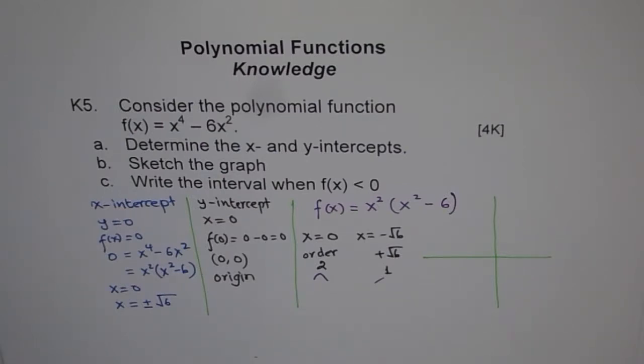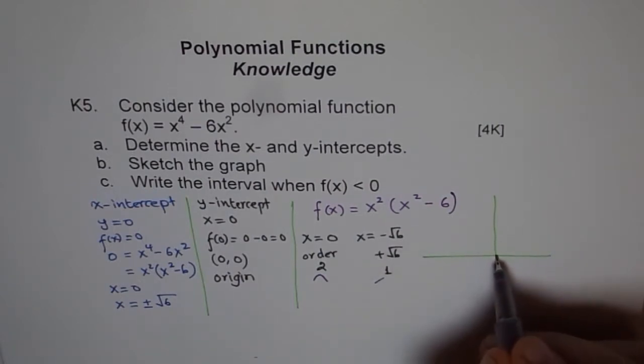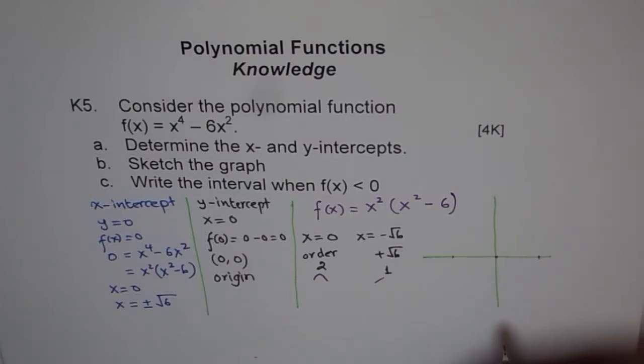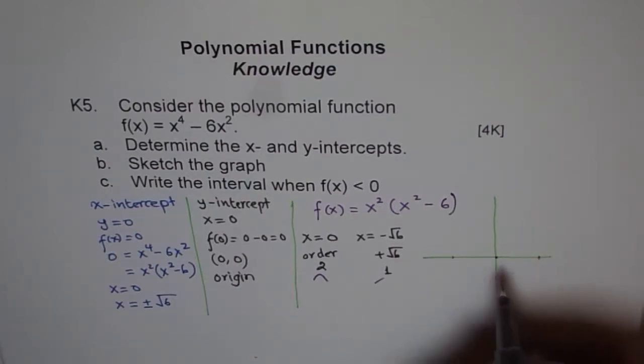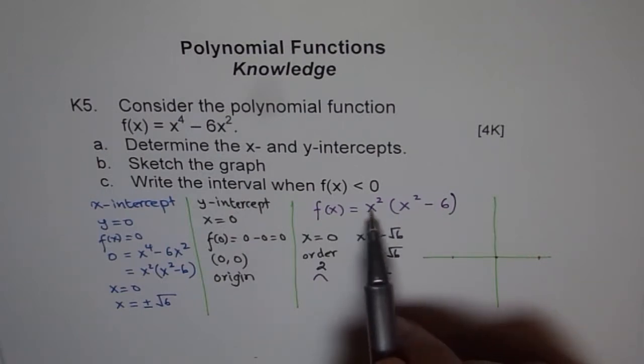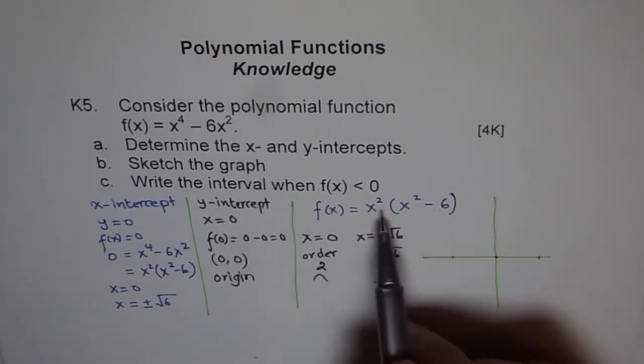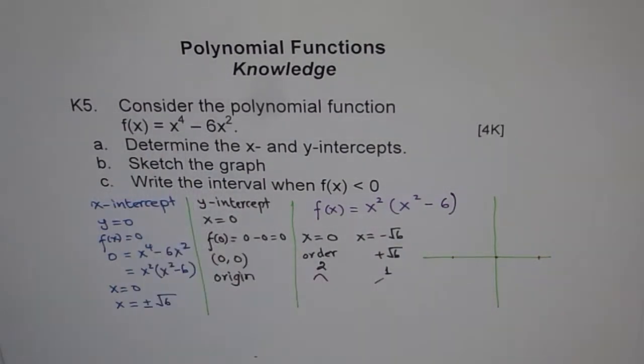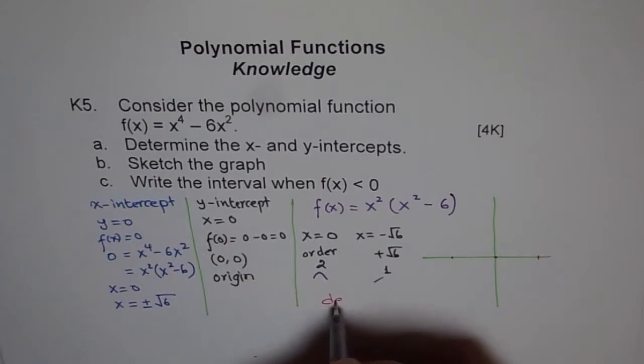Now let's try to sketch it. To sketch, let's plot our zeros. We have a zero here at 0. Let's say this is minus square root 6, and let's say this is plus square root 6. Then we have to look at two more things. One, what is the degree of the function? Degree you can see is 4, correct?